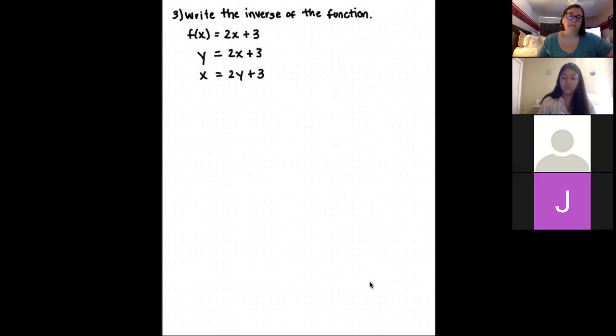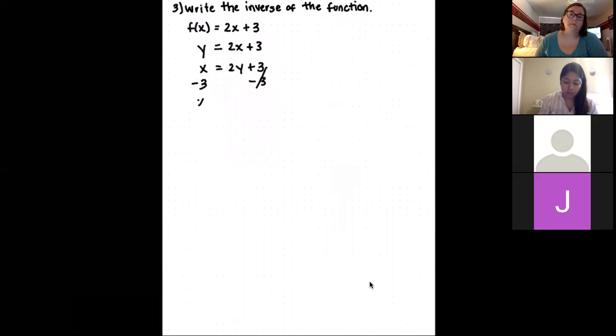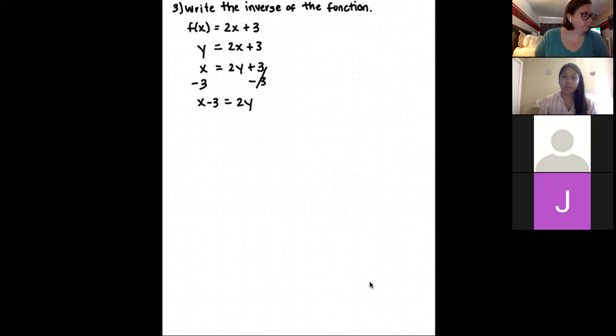And I'm going to solve for y like I usually solve for x. My first thing to do would be to subtract 3 on both sides. And I'm going to have x minus 3 equals 2y. Lastly, I'm going to divide by 2 on both sides because I want to solve for y.